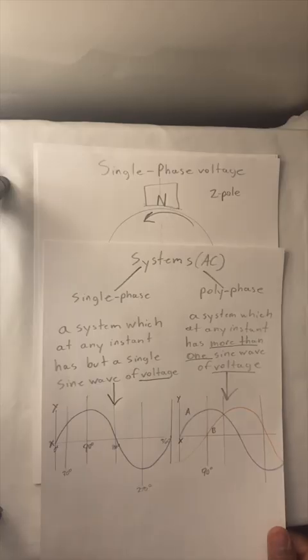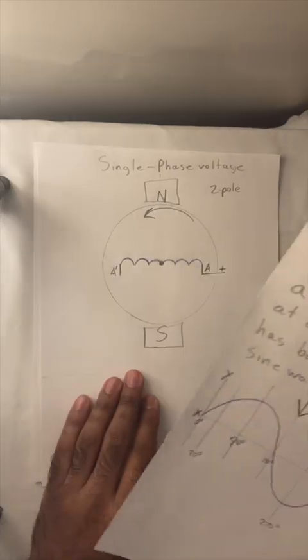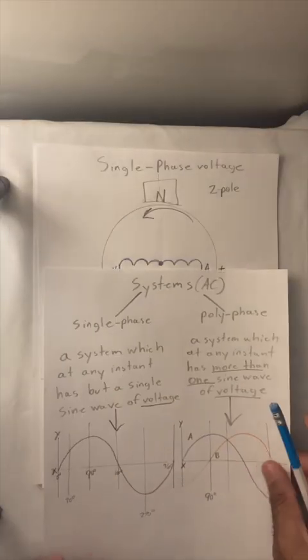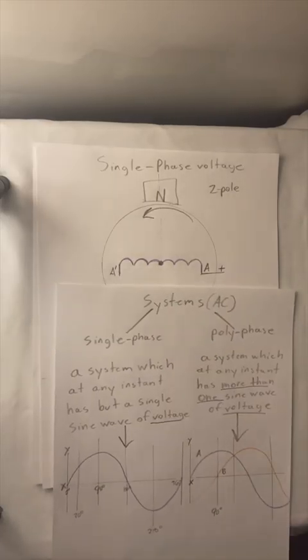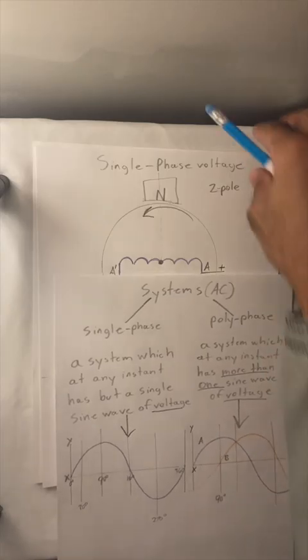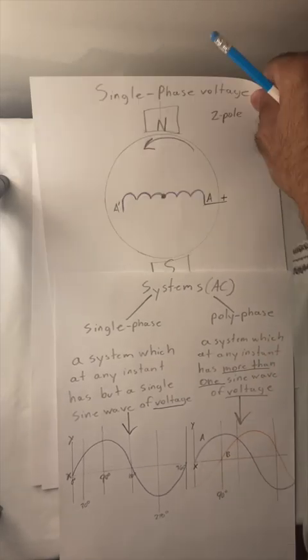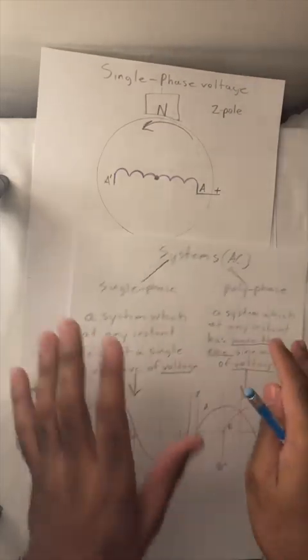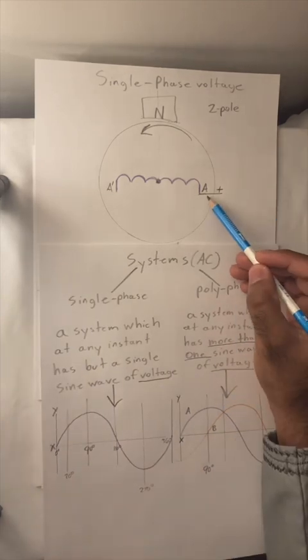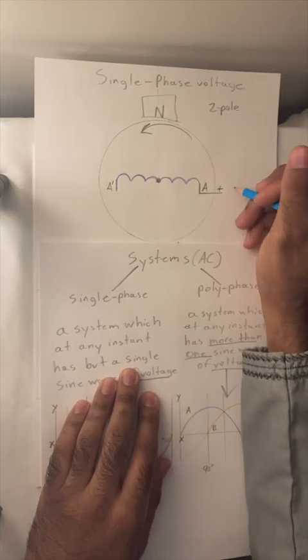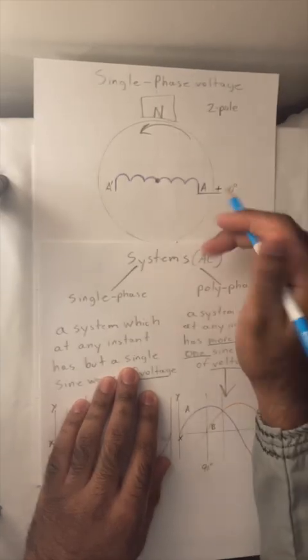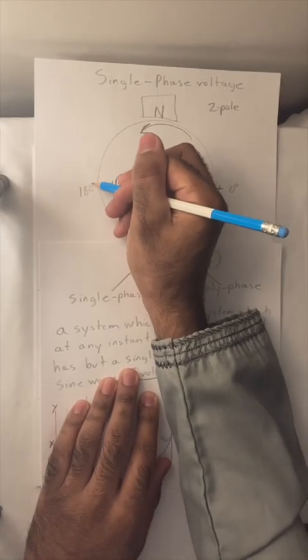So back to our diagram when we discussed the single phase system, as we can see, when A rotates, we will call this 0 degrees. We'll call this 180.